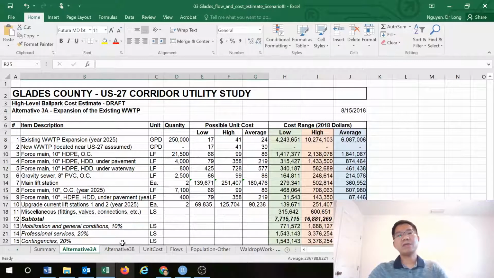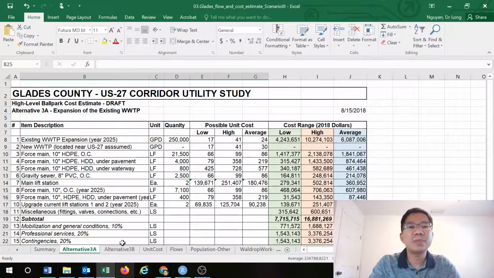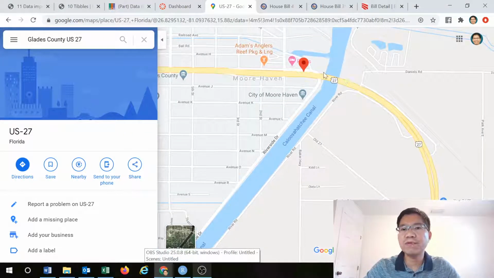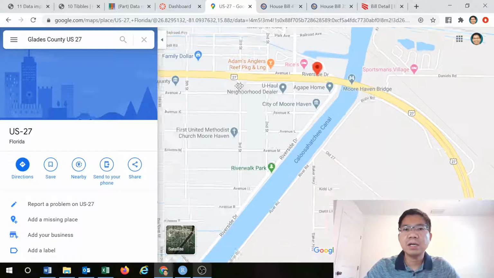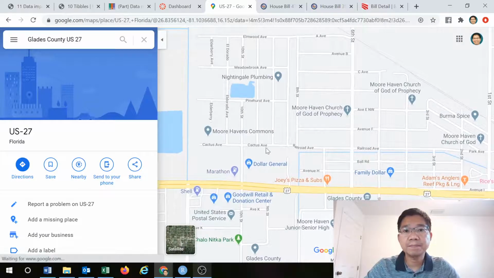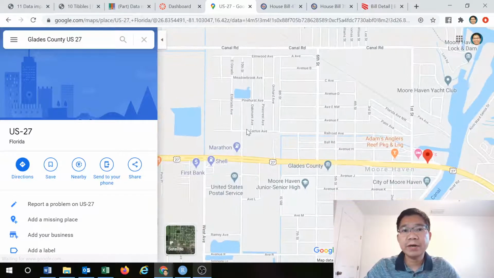It can be anything, whether I should expand the current wastewater treatment plant with a higher capacity, or I just build a new plant in a location in this area, so that I don't have to put the force main here to provide for this area. Or I expand the current wastewater treatment plant, somewhere in these areas.